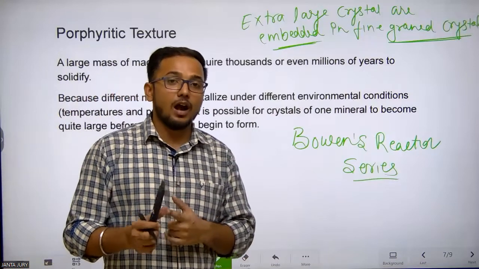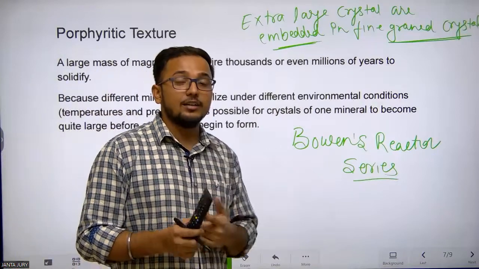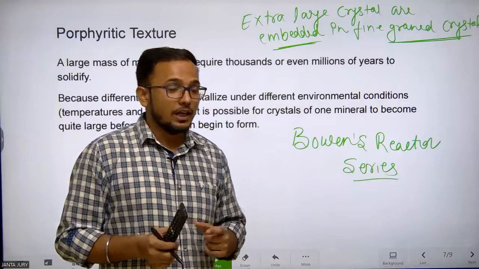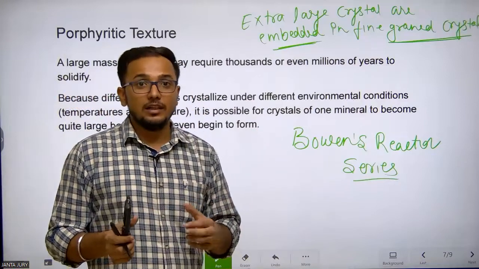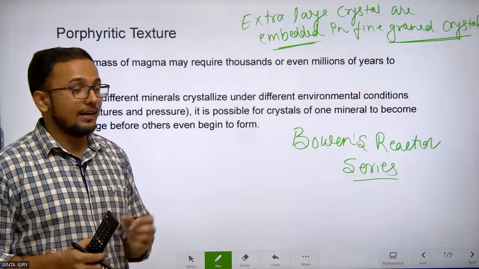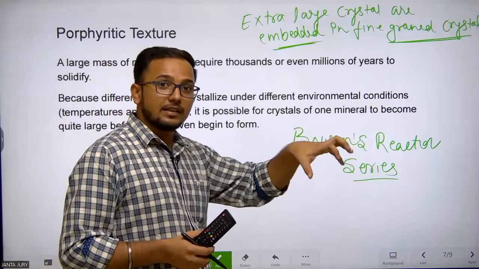If a mineral has a higher melting point, it cools, solidifies and crystallizes first. If the melting point is very low, like in silica rich minerals, it will crystallize slowly and late in the process. This is what Bowen's reaction series told us.